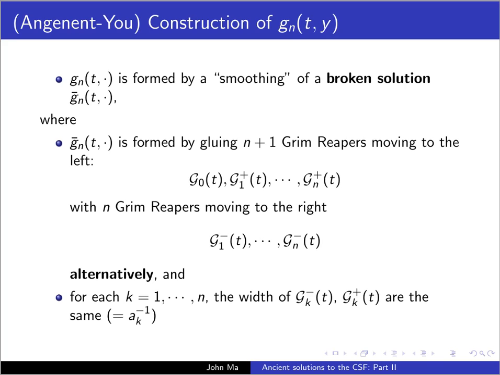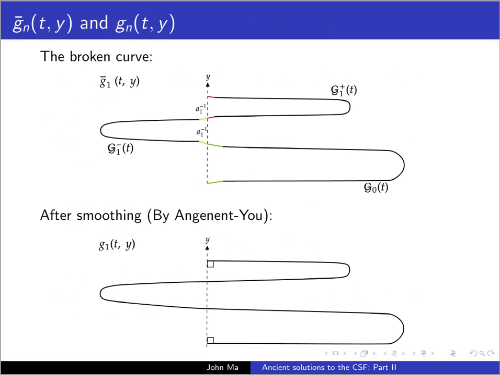We glue them alternatingly, and we choose the width of G minus K and G plus K to be the same, which equals this number, AK inverse. We'll talk about AK inverse later on. Let me show you the picture of the broken solution when n is 1.